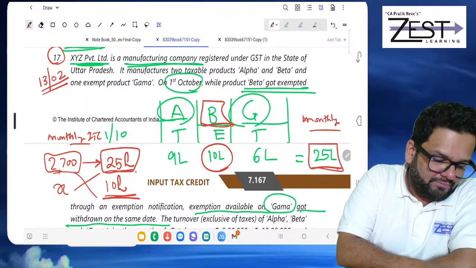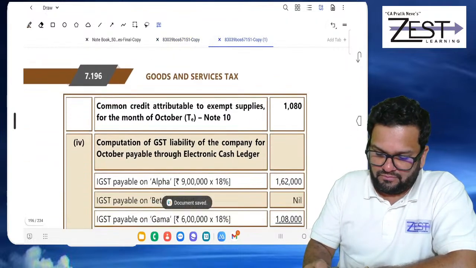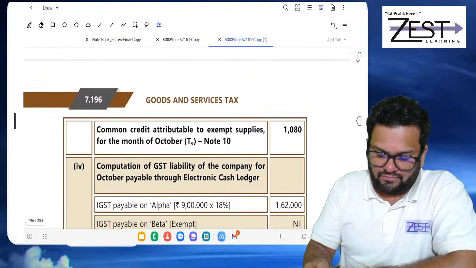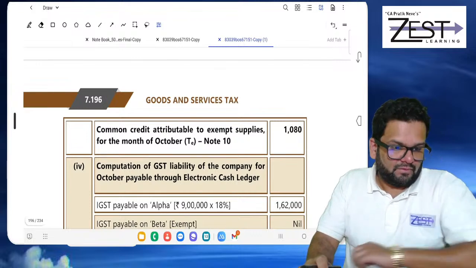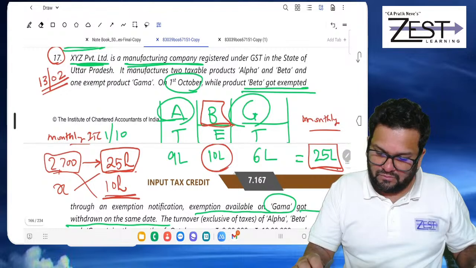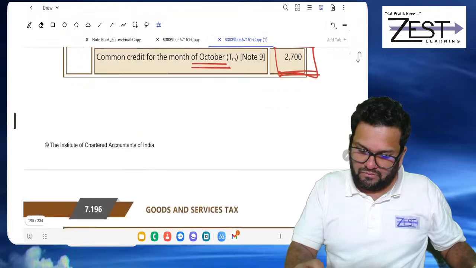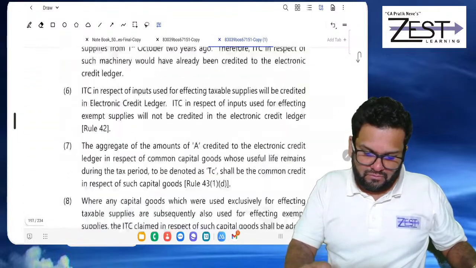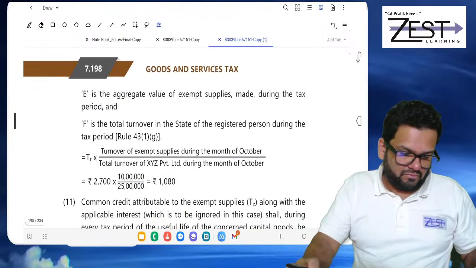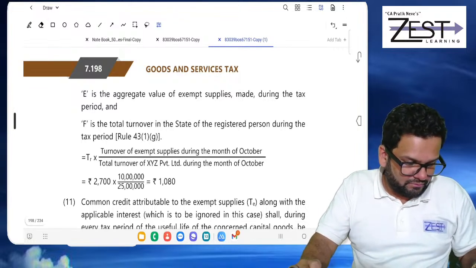So can you tell me how much will be disallowed? 2700 divided by 25 into 10.